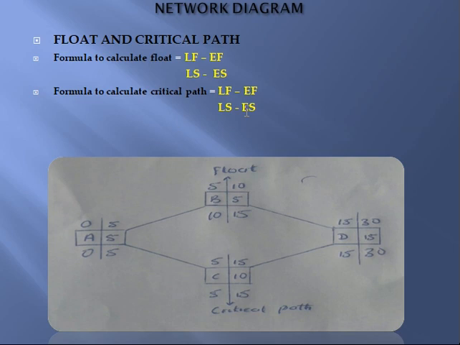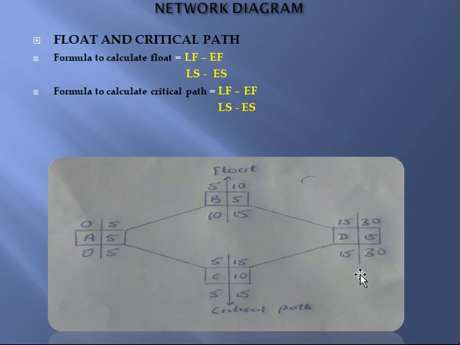That is to say, late finish minus early finish. Understand? So when you minus 30 from 30, you get what? 0. It also says late start minus early start. Once you minus 15 from 15, you get what? 0. I forgot to write the 0 here. So you get 0 as well.